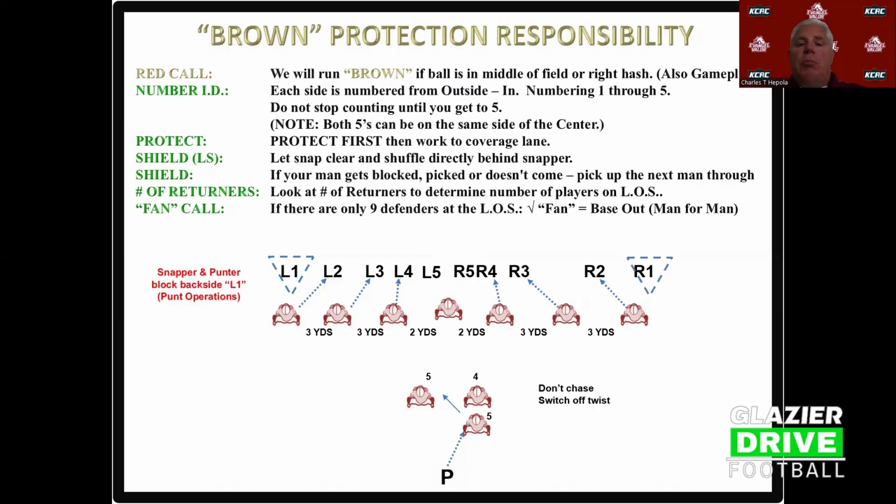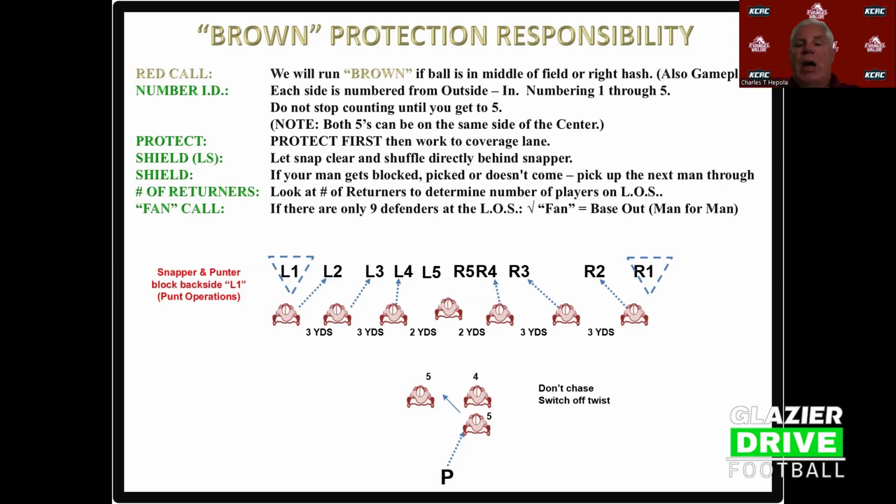Okay, brown. Brown is what we would call if we had four men in the A gap. Basically what we're going to do is get the R1 and the L1 to line out a little bit wider with our steps, because of our width right there. We might be 3.5 yards, but basically we are trying our hardest to keep men off the shield. That's what we really want to do, not just let them pin their ears back and come up and light up the shield.